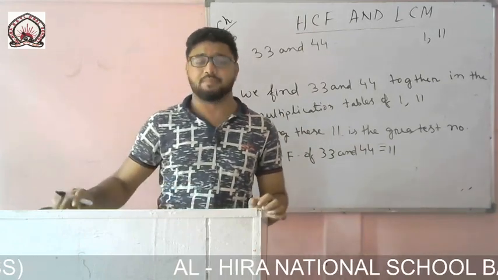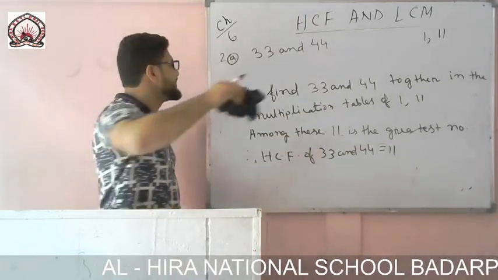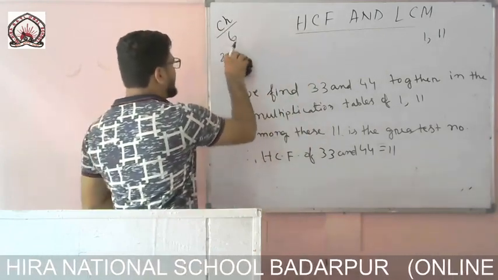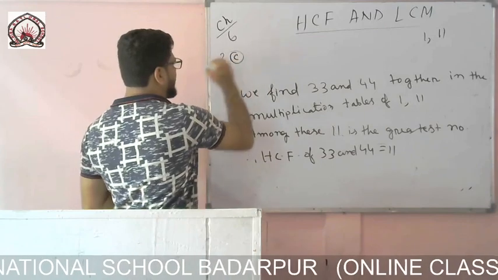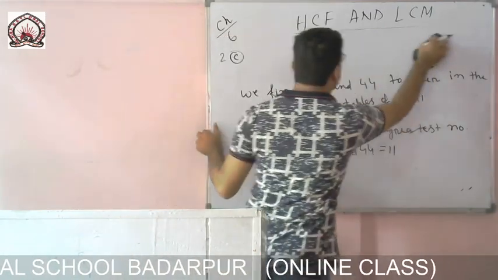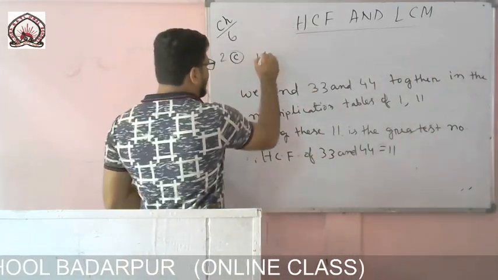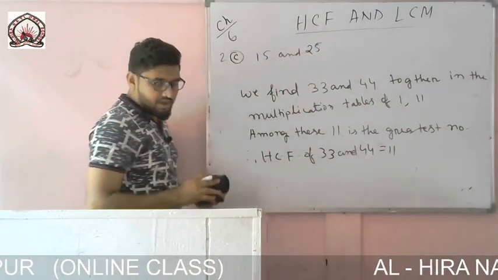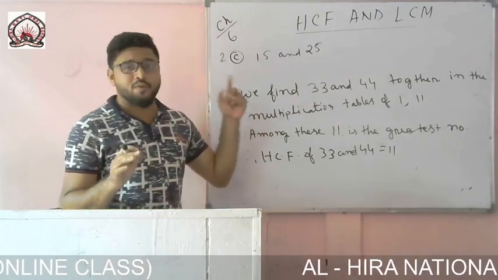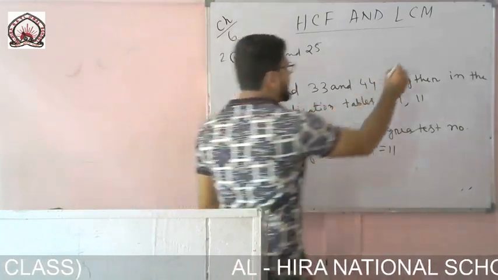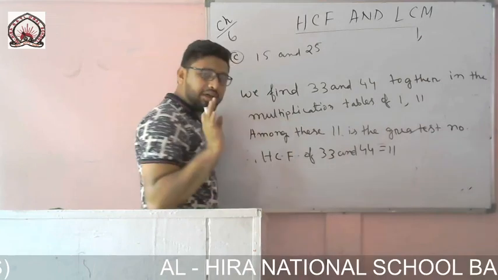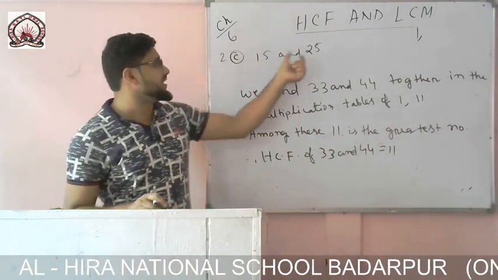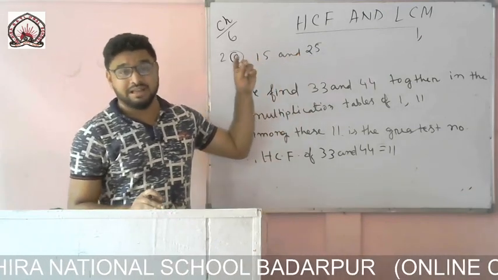15 and 25. So check. In the table of 1 we shall get all, so 1 is common for every number. Now 15 and 25 are not possible in the table of 2.